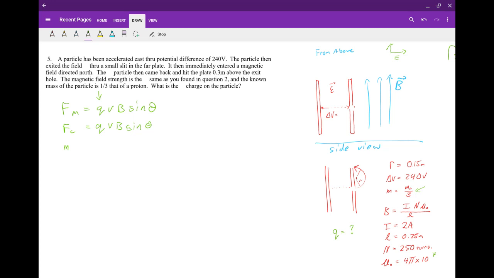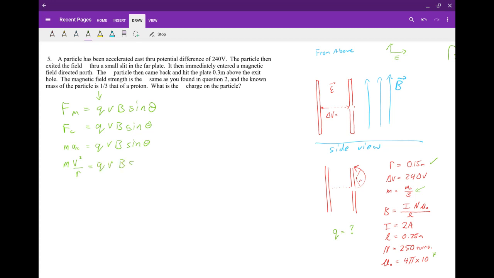I'll put that in a little while, times the centripetal acceleration, right? Remember, though, that the centripetal acceleration from our circular motion unit is v, the velocity of the particle, squared over the radius of the pathway, which is going to be this value over here that we ended up discovering.